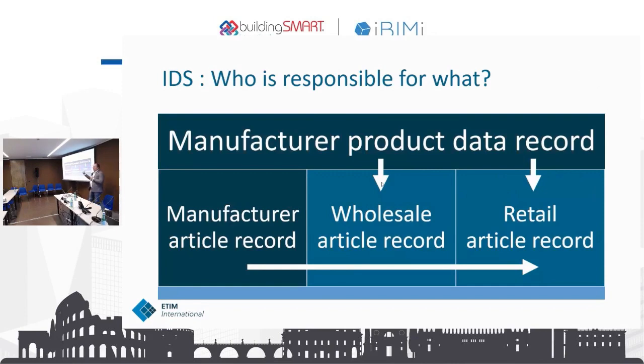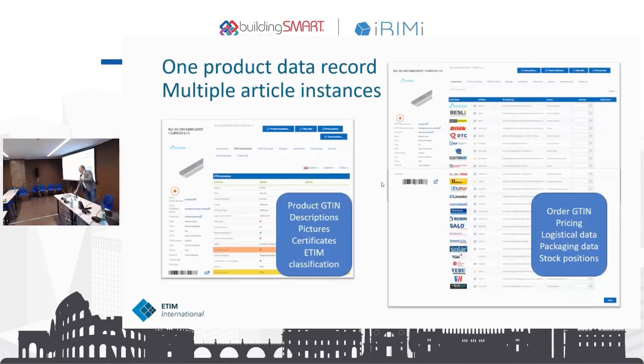And then I get back to the earlier slides. Who is responsible for what? Packaging materials, if you repack that, there's somebody else responsible there. So how are you going to handle that? Through the exchange format. But we have all these articles. So bear that in mind.